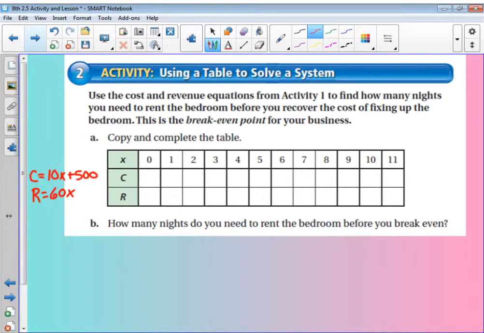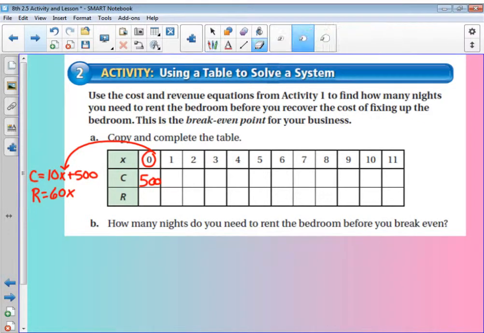Now we're going to plug in our X's. If we plug in 0 where X is, 10 times 0 would be $0. So if we didn't have somebody stay, we would have to pay $0 for that night. And then it still costs us $500 to renovate, so it's still costing us $500.